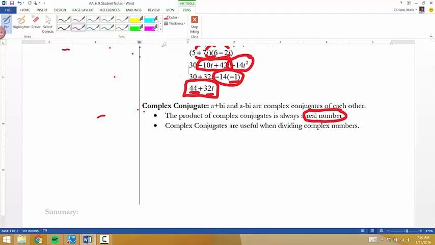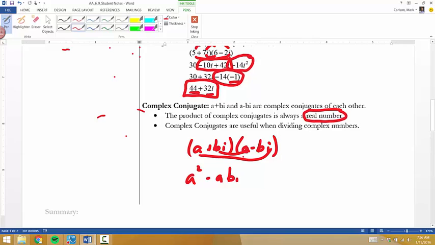So in other words, if you think about it, a plus bi, and I multiply it by a minus bi, and if I use my FOIL method, I get a squared minus abi for this part here, plus abi for this part here. And then finally, this last one would be minus b squared i squared.